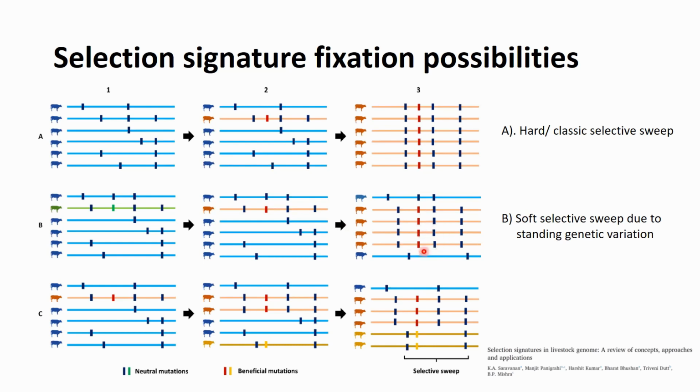Again, you see a very similar pattern. So there is the gene of interest or the region of interest, but also the surrounding regions are dragged along, which create a certain recognizable and detectable pattern. Now, the selection signatures or selection sweeps are not necessarily absolute, meaning that they do not necessarily spread in the whole population as shown here. Now, the reason for this could be different. It could be that the selection pressure started to act just relatively recently.